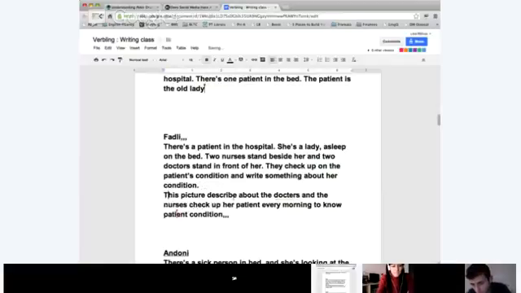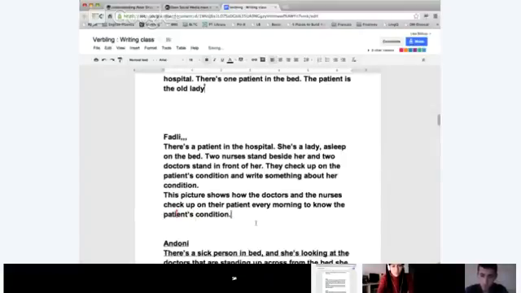This picture shows, I would say, how the doctors and the nurses check up on their patient every morning to know the patient's condition. Okay. Any questions? Okay, no, thank you.